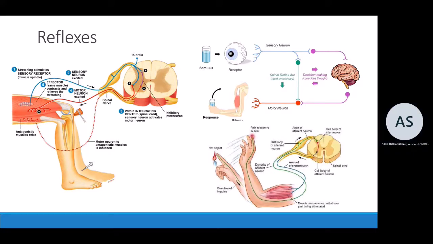So in this case, we've got a tendon hammer, and this is just checking your knee reflex. You hit the patellar tendon to elicit the knee reflex. This basically stretches that patellar tendon, pulling on the quads.